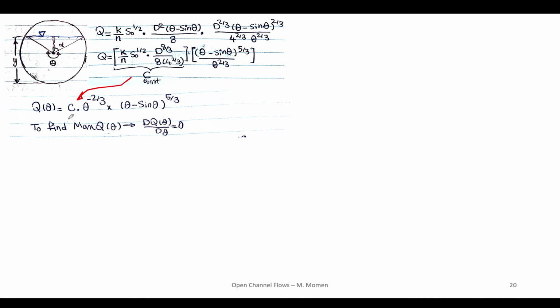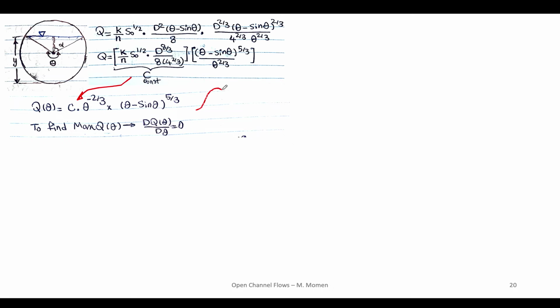So in order to find a maximum flow rate as a function of theta, what we need to do is differentiate Q with respect to theta and then set that to 0, right? So this was one of the optimization things that you can remember from your calculus.